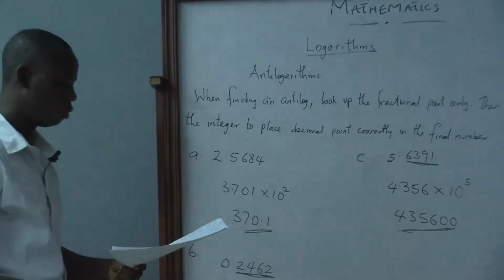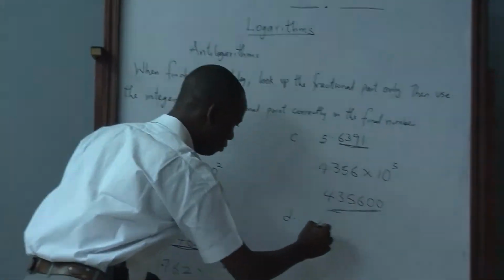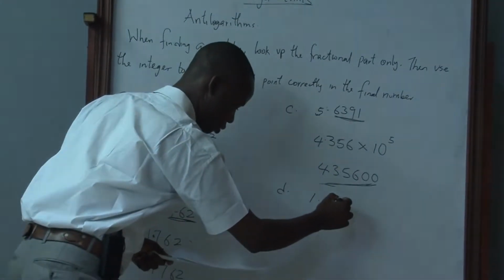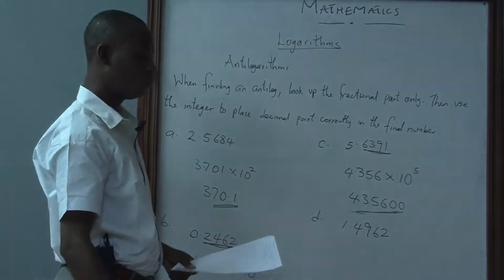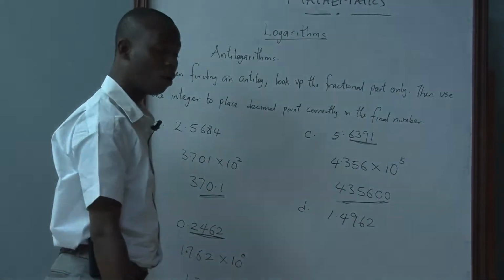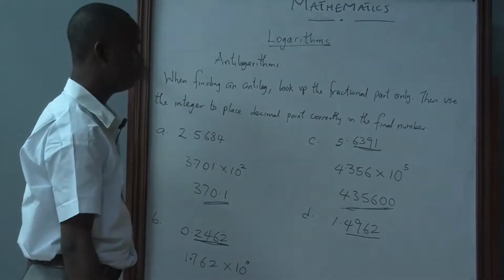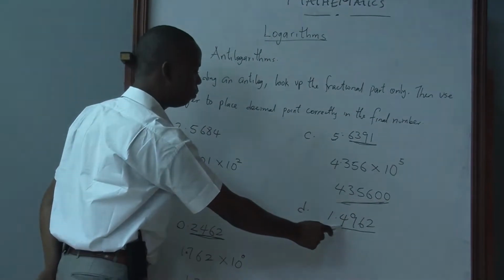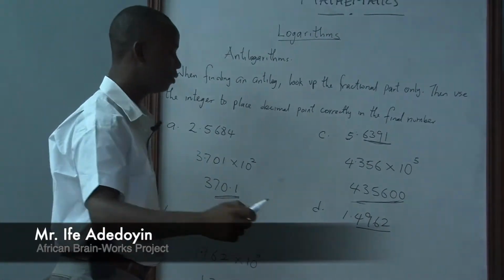Guys, let me give one more example. Example D. For antilog, if we're given 1.4962, what we'll look for in the table is 4962. We'll look at column 0.49 under row 6, and we add the value we have under the difference of 2.